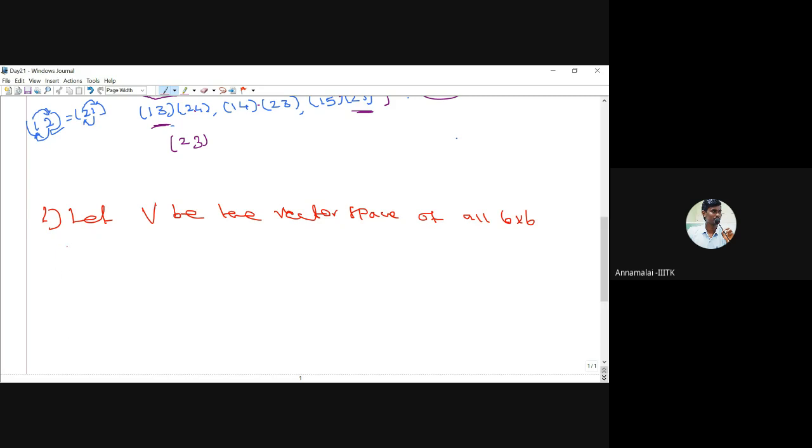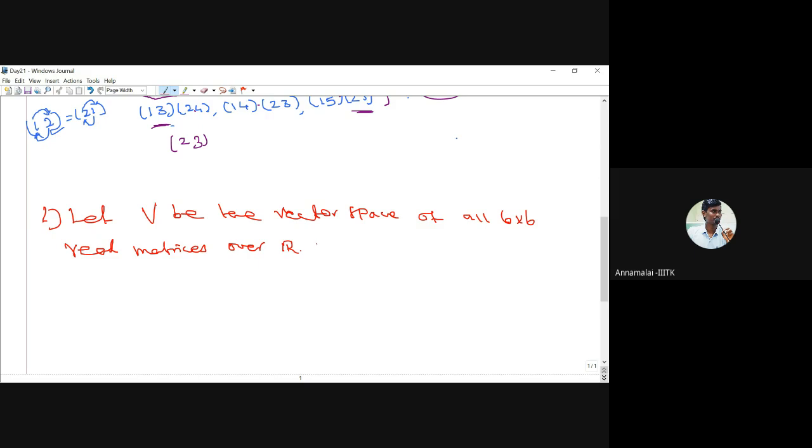Okay, V is the set of all 6 by 6 real matrices over the field R, real numbers. Then what is the dimension of the subspace? And we define some subspace. This is a vector space, and the subspace is the set of all symmetric matrices.